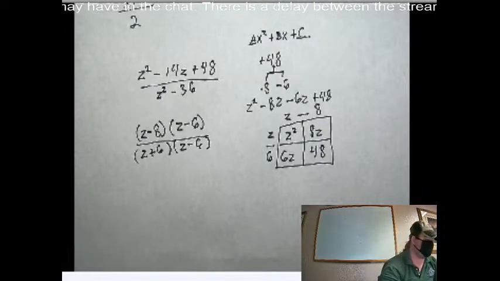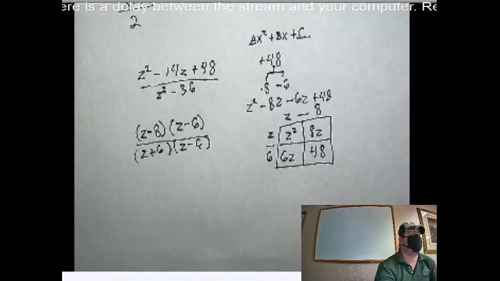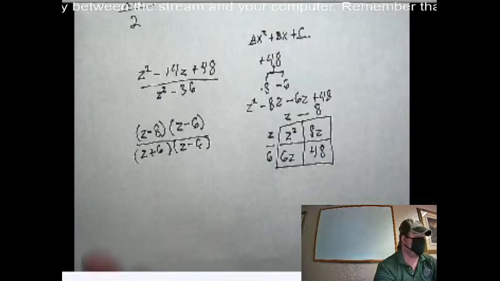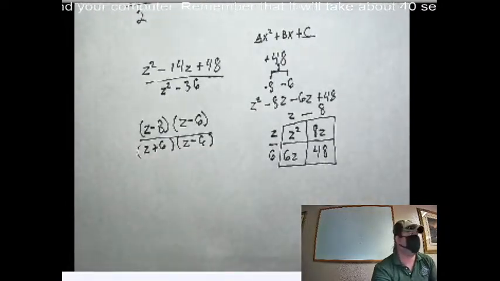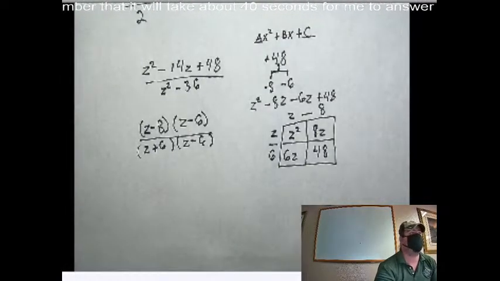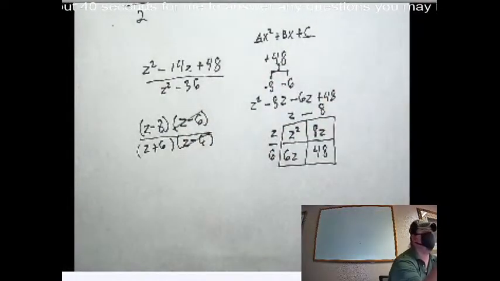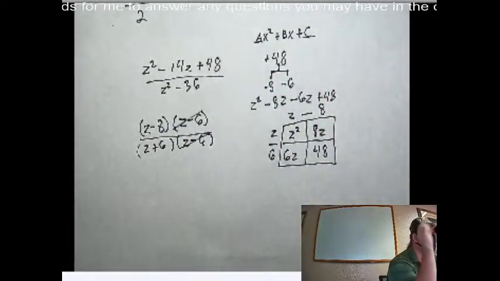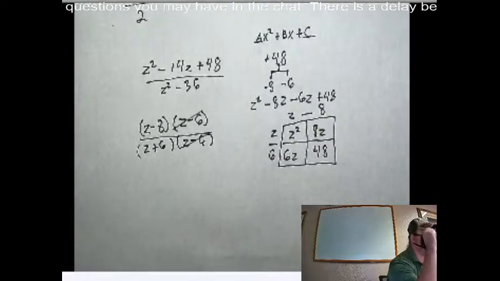Okay. So now, are there common factors between top and bottom? Yes, what are they? Z minus 6. We can cancel those out. We also need to know the excluded values. Okay?